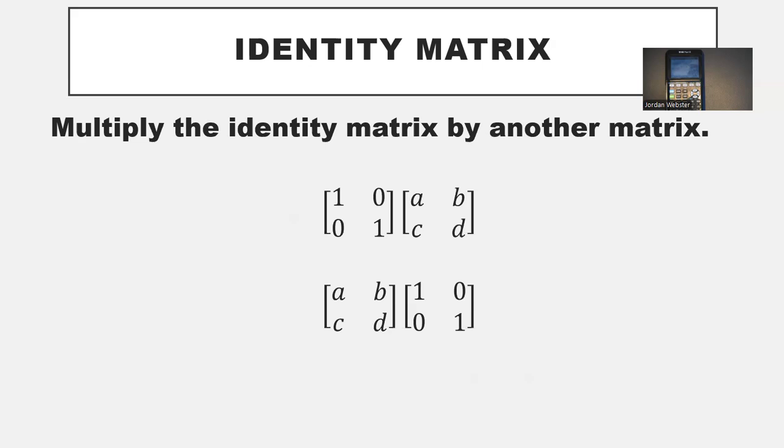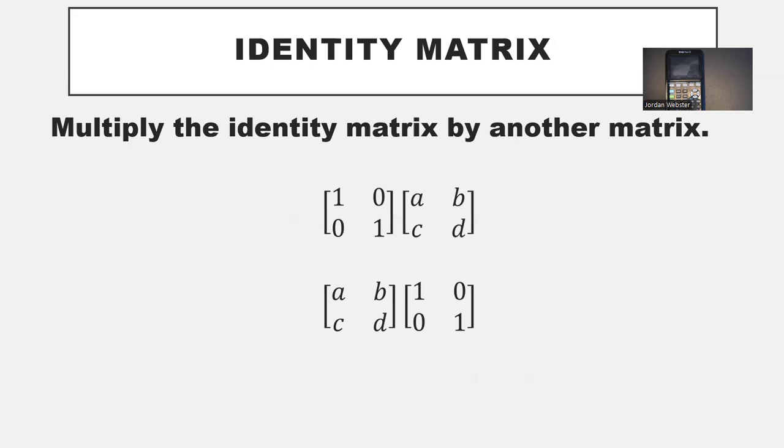Think about the 2 by 2 identity matrix. What would happen if I multiplied 1, 0 times A, C? I just get A. Then 1, 0 times B, D, I just get B. 0, 1 times A, C, I just get C. 0, 1 times B, D, I get D. So notice that I get A, B, C, D back when I multiply on the left by the identity matrix.